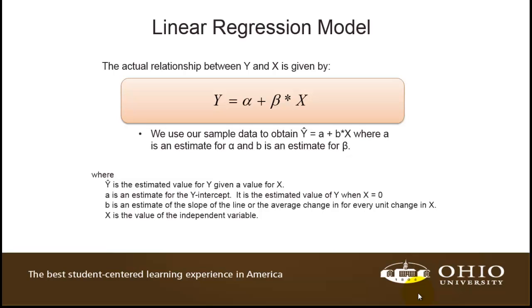What we're going to use in regression is we're going to take some sample data, and we're going to use that sample data to obtain the equation y hat, where y hat is the estimate of y based on the sample data given a particular value of x, and that's equal to a, which is the estimate for alpha based on the sample data, and b, which is the estimate for the slope of the line based on the sample data. So the regression equation will be y hat equals a plus b times x, where a and b are estimates for the intercept and the slope respectively.